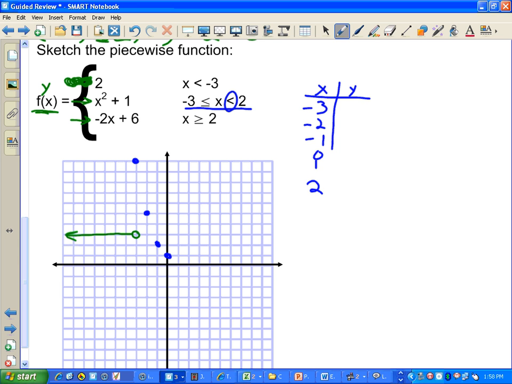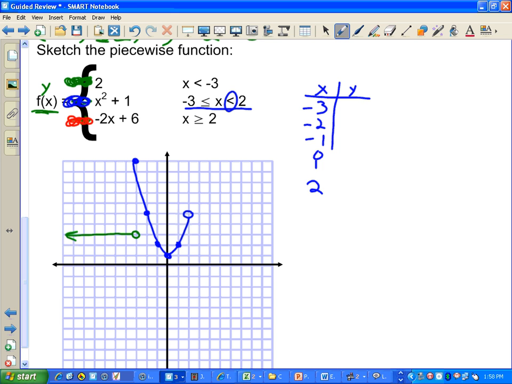I put in 1, I get 2. I put in 2, I get 5 again. But remember, I want an open circle. So everything from here leading up to there works. 2 doesn't work, but everything leading up to it does. This is blue.